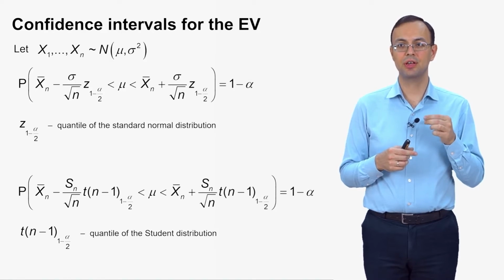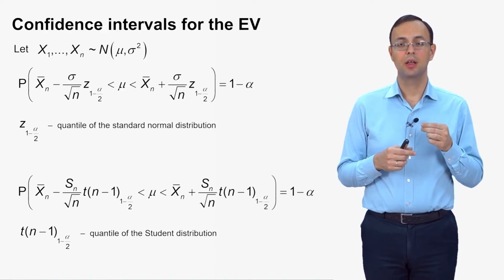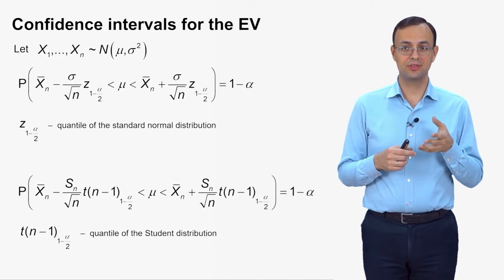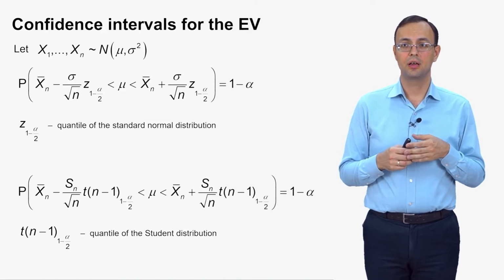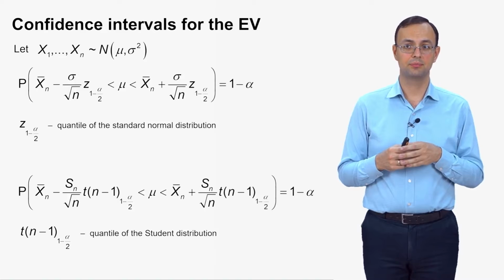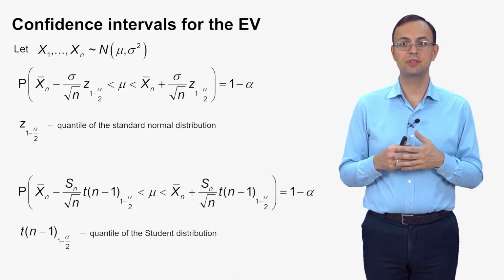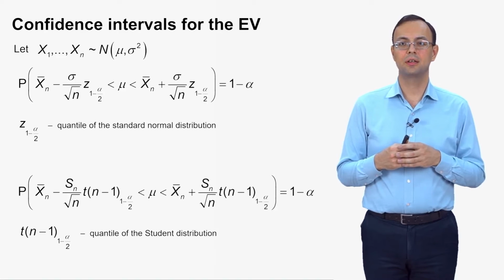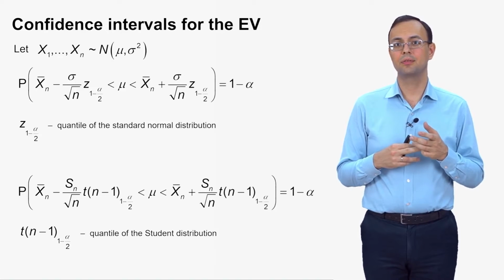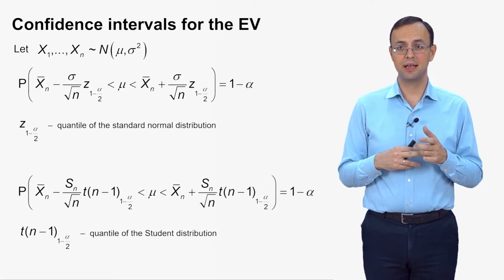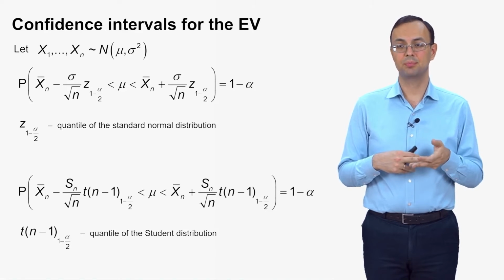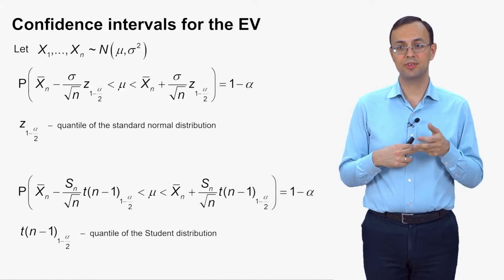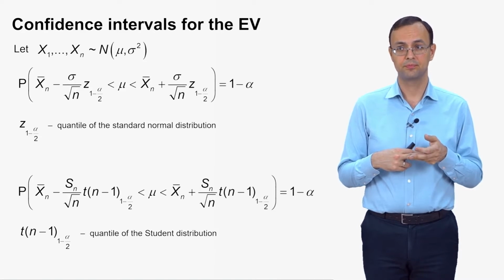You can see the formula for the confidence interval for mu. Here you see that you need the sample mean x bar, the sigma that is supposed to be given, and the quantile of the standard normal distribution.